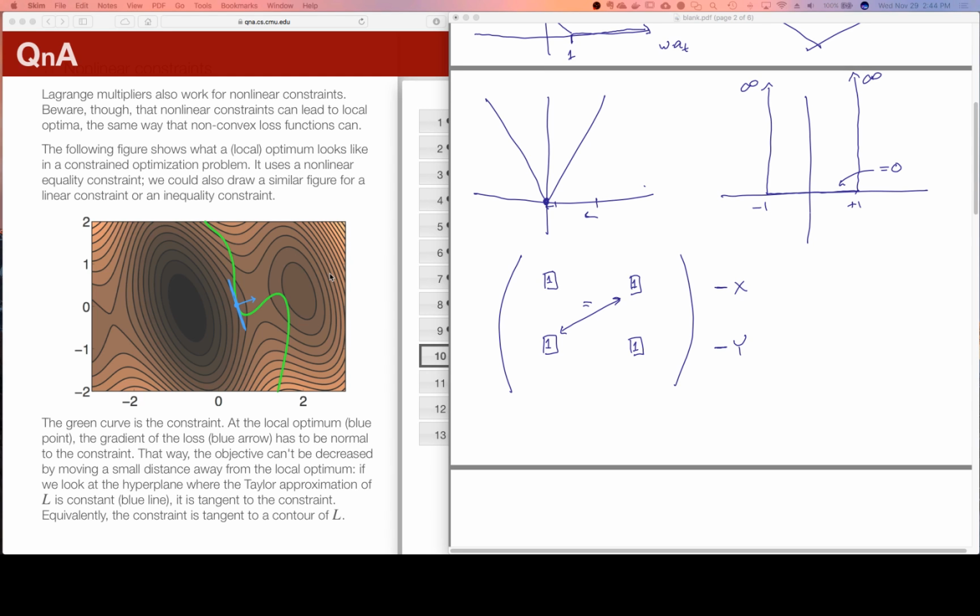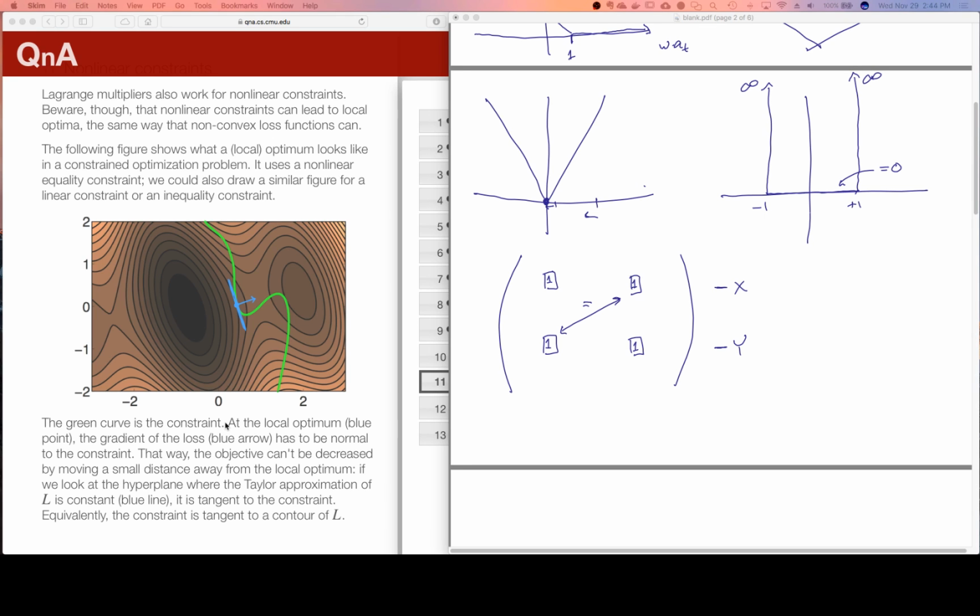Of course, you're only guaranteed to get to a local optimum instead of a global one, but this figure is maybe helpful for interpreting it, right? So we have our loss function, which is these copper-colored contours. We have our constraint, which is this brightly colored curved line. And at a given point here, this is a local optimum because the gradient of the orange part, which is indicated by this vector here, is orthogonal to the constraint.